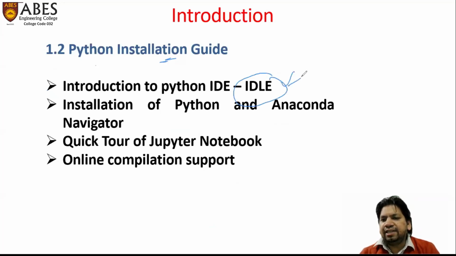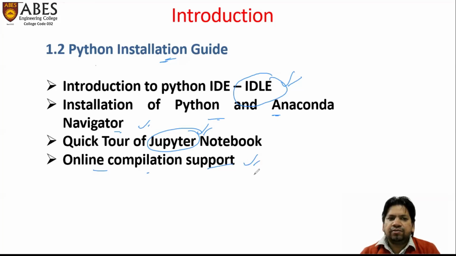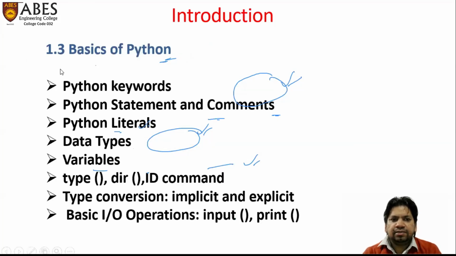You can use an IDE, or Anaconda Navigator. The main thing is Jupyter, which is also a very good software you can use. An online compiler is also an option for using Python. That is part number 2. In part number 3, we see the basics of Python.